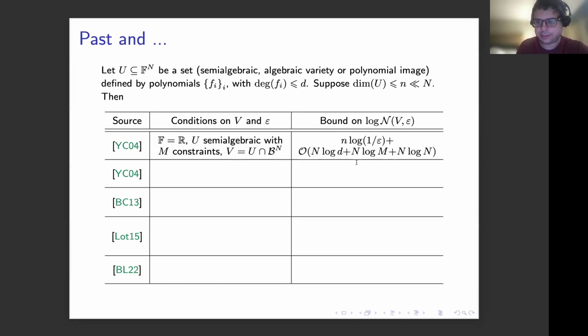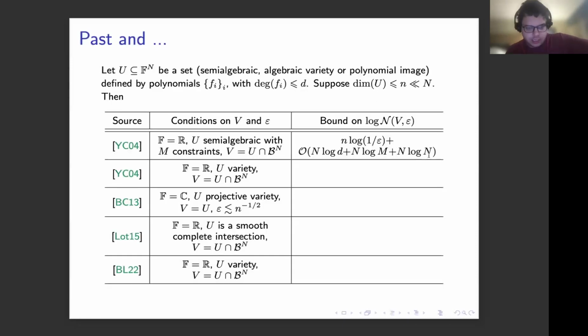But then there are additional terms accounting for the nonlinearity of U. And so you see the ambient dimension, the degree of the polynomials, the number of constraints, they're all appearing in these additional terms. And these additional terms are not negligible. In fact, they can look a little scary because you see a super linear dependence on the ambient dimension, capital N here. Okay, this is a big term.